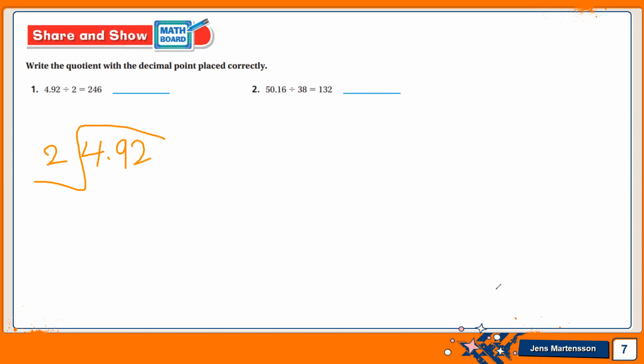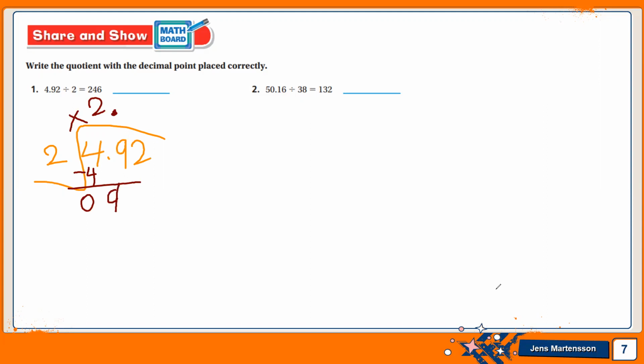What's the number that you multiply by 2? You get 4. 2. 2 times 2, 4. 0. Then what do you have next? No, after 4, what do you have? Something small. The decimal point, you put it up. Then what do you have to do next? Put what? The 9. Yeah.